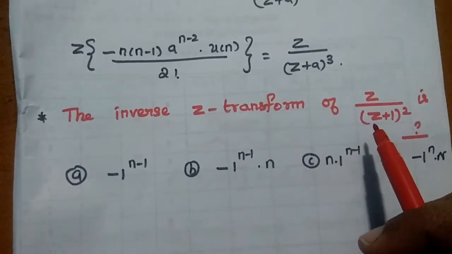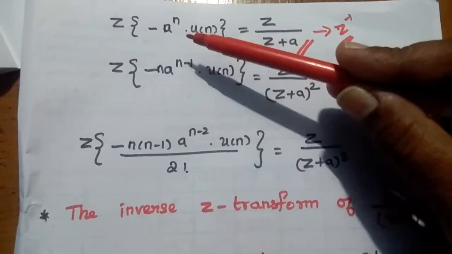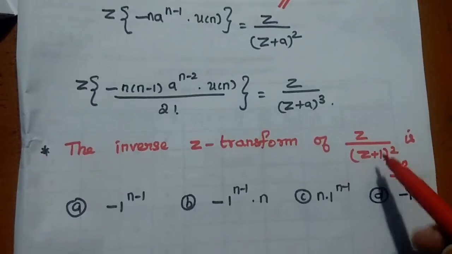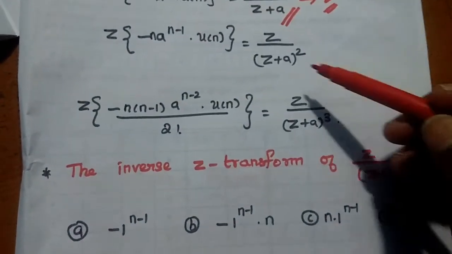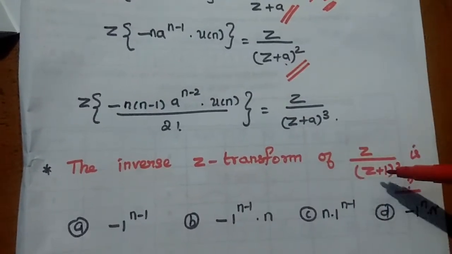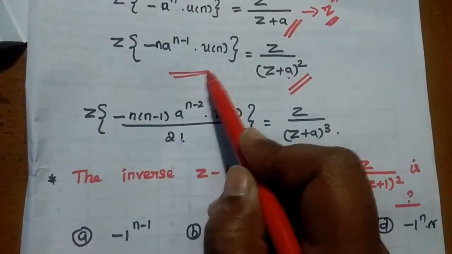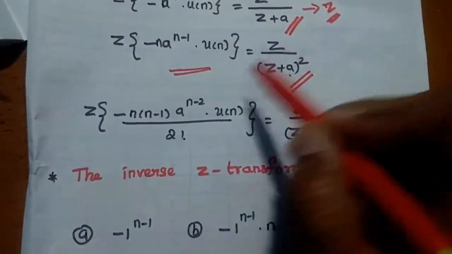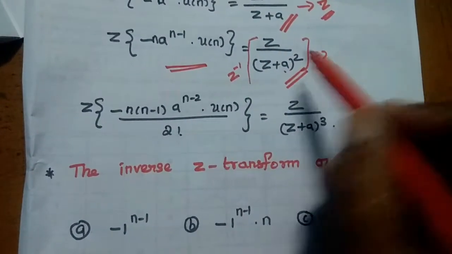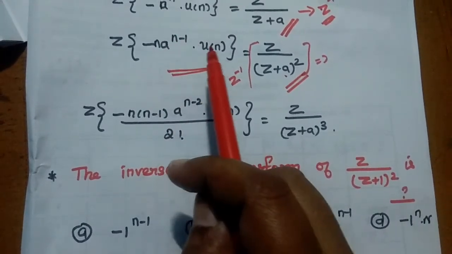As we already discussed in the multiplication by exponential sequence property, z divided by z plus 1 the whole square looks like this, right? Instead of a, here we are having 1. From this equation we come to know the answer. If I take the inverse Z transform for this, the answer is minus n into a power n minus 1 into u of n.